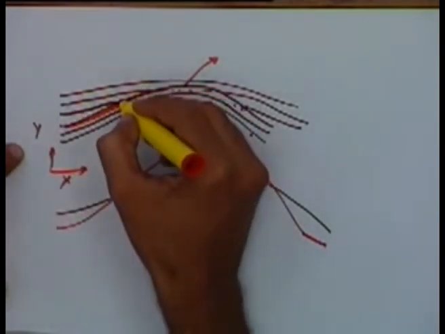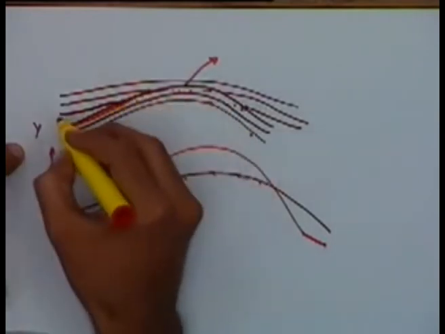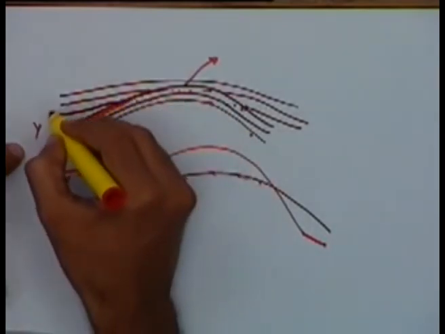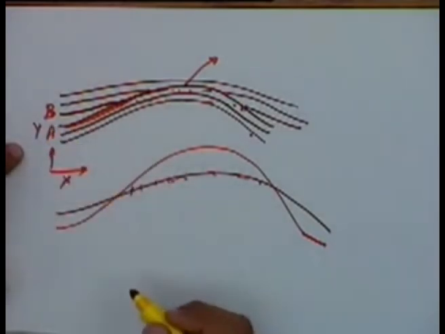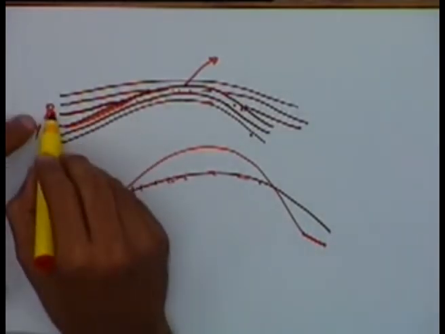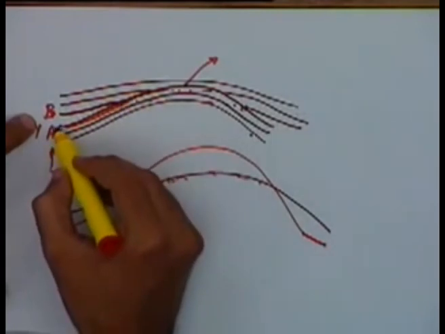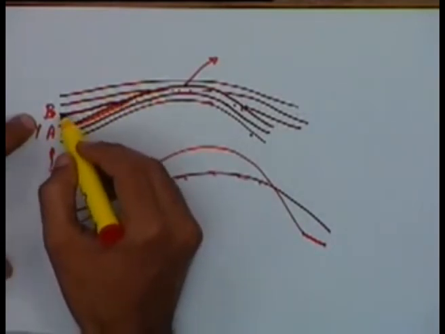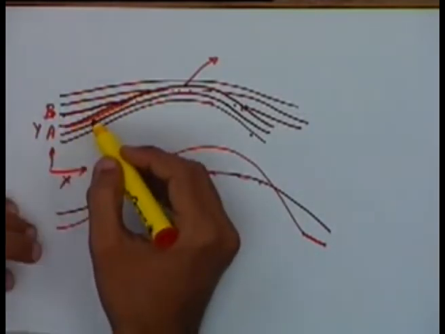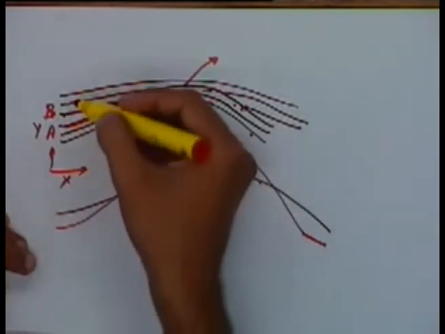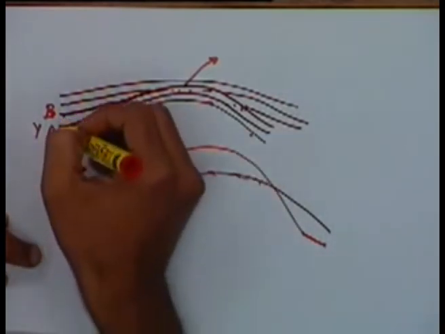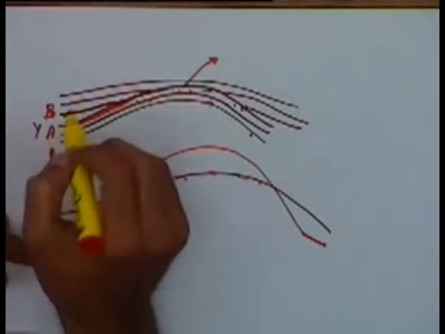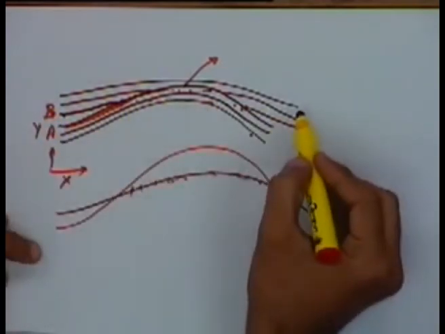At this point, the y value for this curve, let's say curve number b, and this is curve number a. The moment the y value for the b curve becomes less than the y value for the a curve, that means this b curve is hidden. So we will make use of that fact, and then we will display each of these curves one by one, keeping track of the y values.